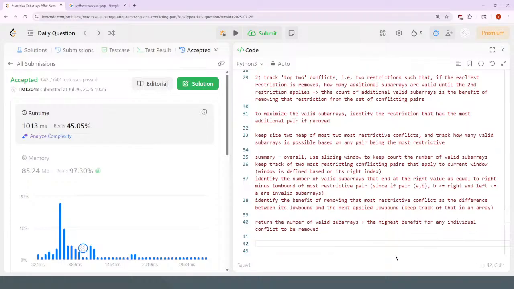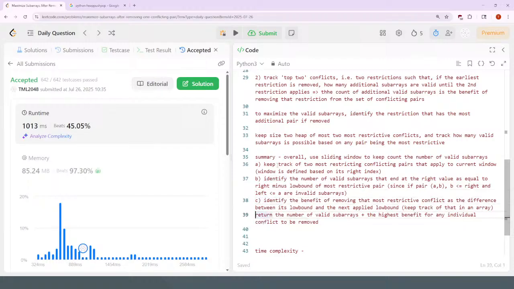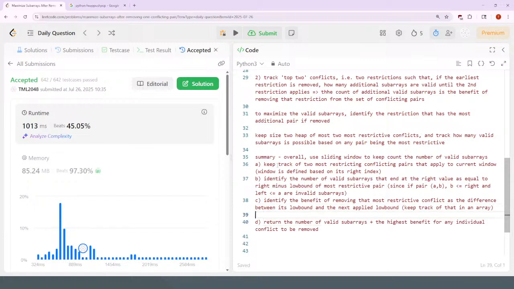And this is basically part A, part B, part C, and part C is kind of the big one. This is the use a heap to keep track of the two most restrictive.